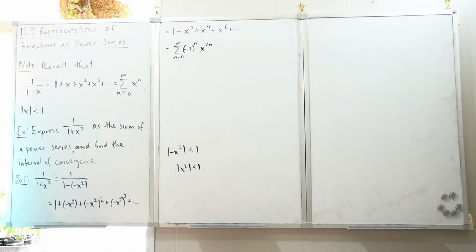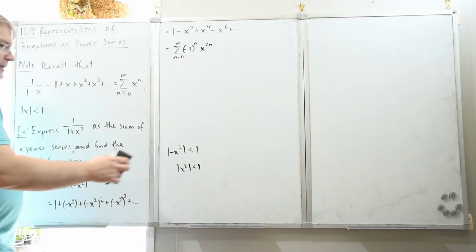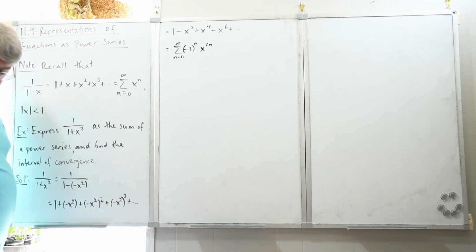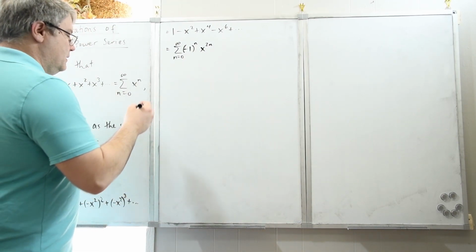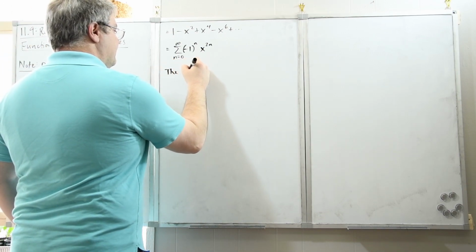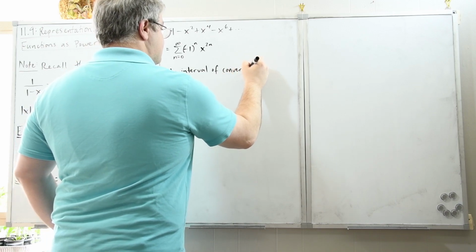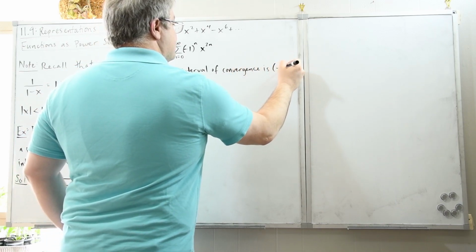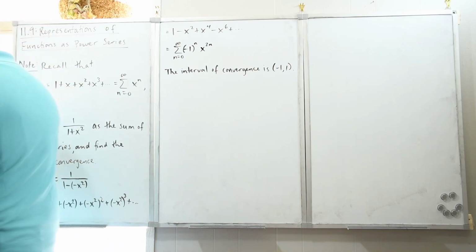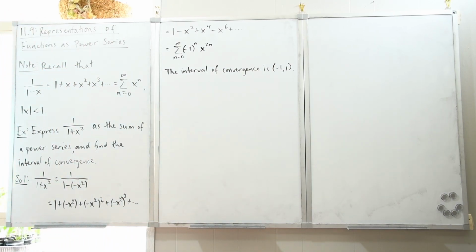And that just means that x is going to be between negative 1 and positive 1. So the interval of convergence is the same as what you get over here. It's this open interval from negative 1 to positive 1.